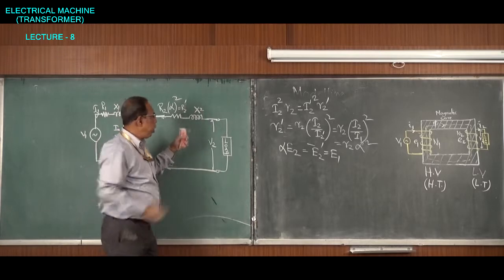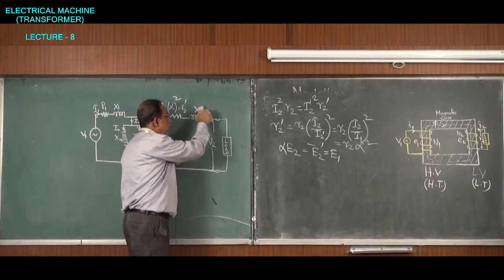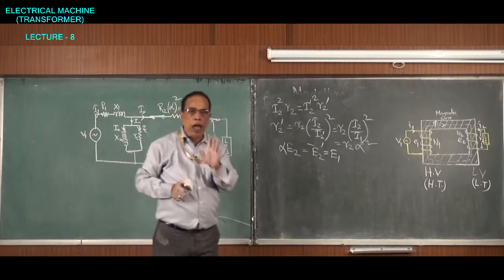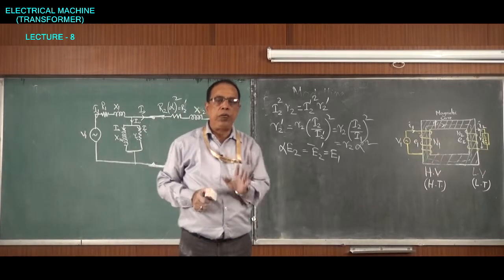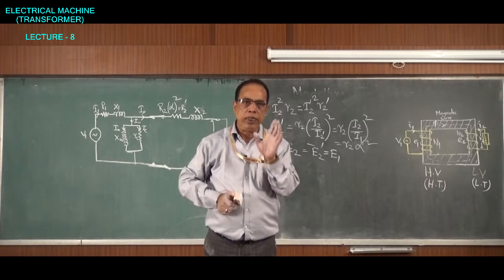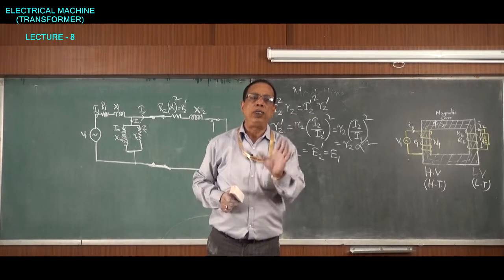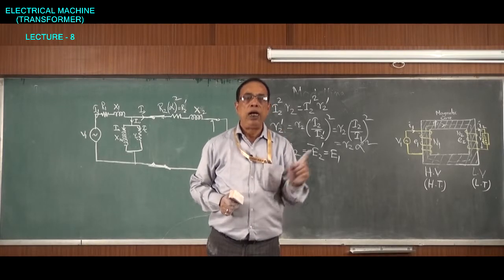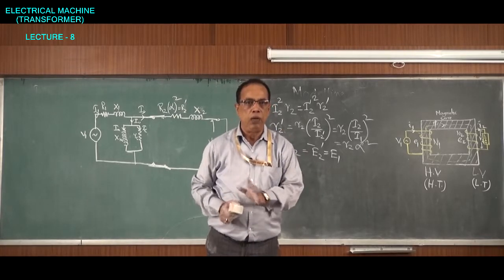Now how much should be the X2? How much should be the X2 value? The percentage of the voltage that was inductive voltage drop, that same percentage should be there now also.